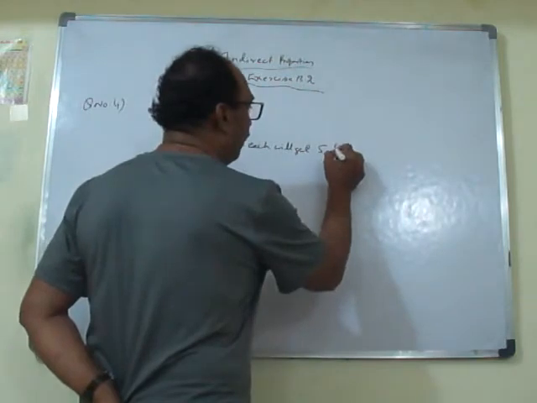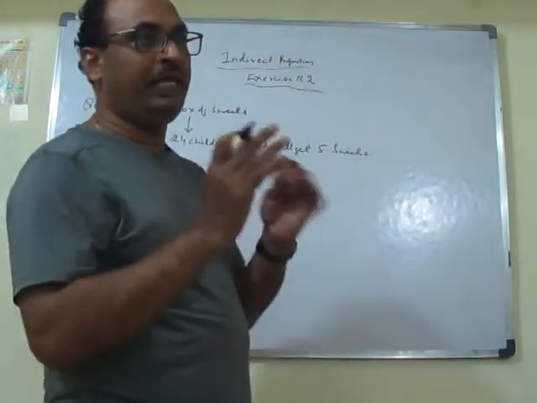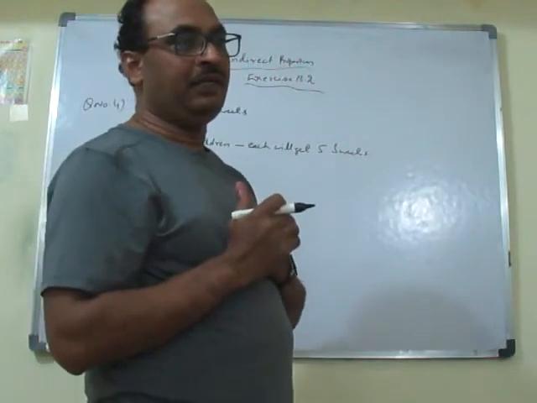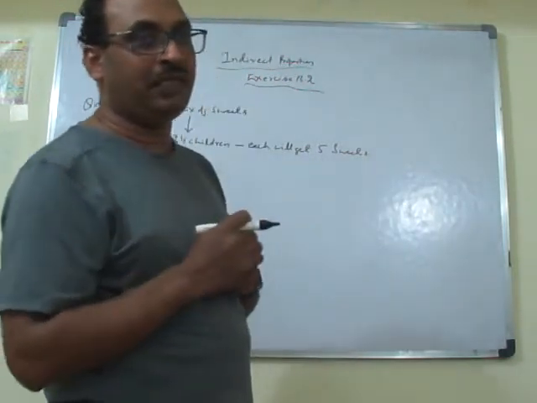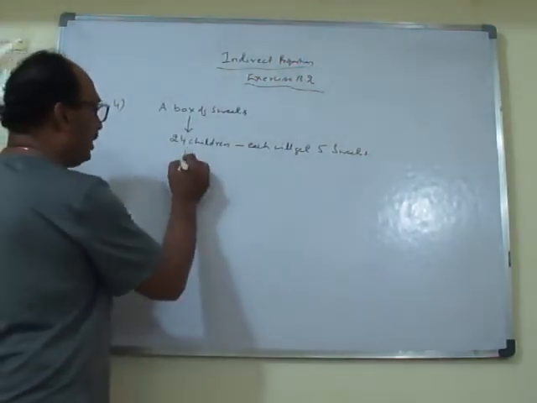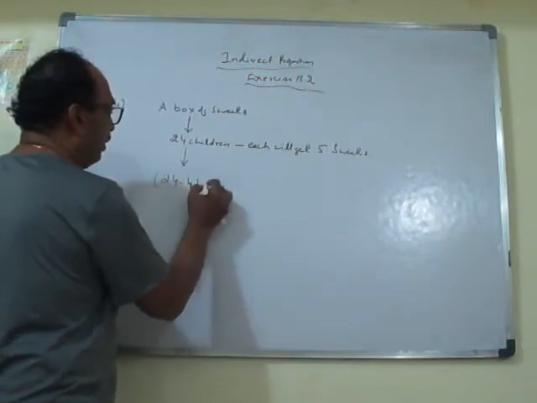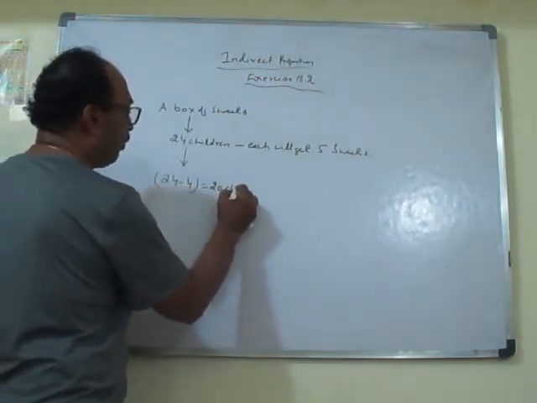How many would each get if the number of children is reduced by 4? So now in the next step the number of children is reduced by 4. Means 24 minus 4 is equal to 20 children now.